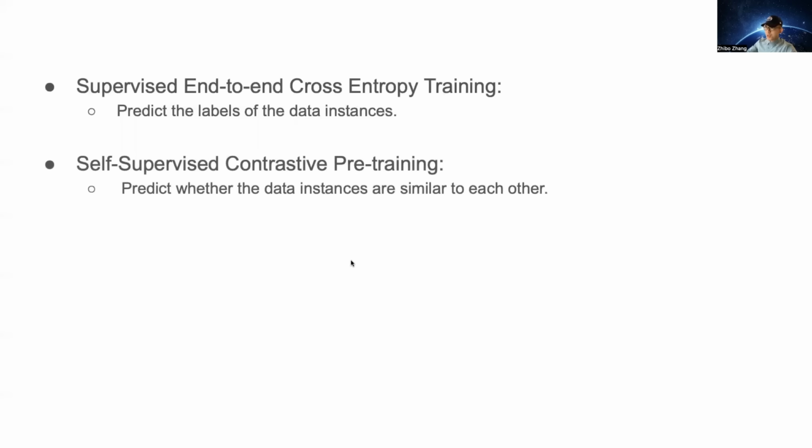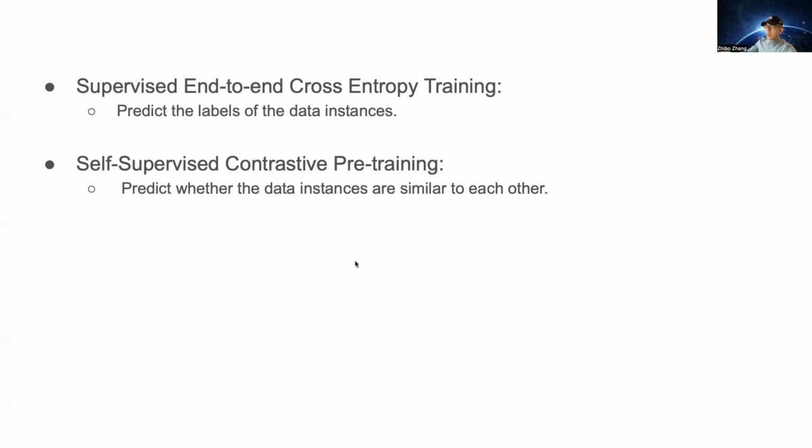So in contrast, contrastive learning typically has no label information, in a self-supervised manner. So the model has to learn to find patterns among the data instances themselves, right? In the case of contrastive learning, the model is trying to predict whether the data instances are similar to each other or not.